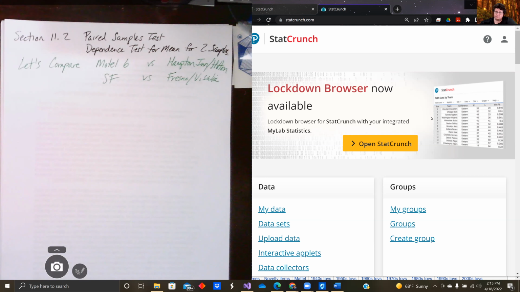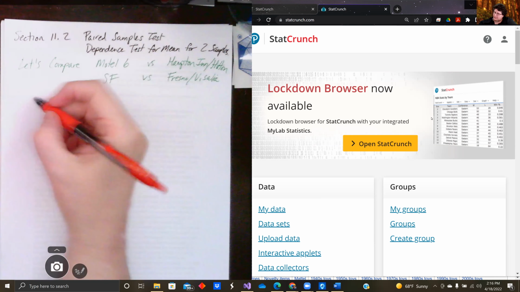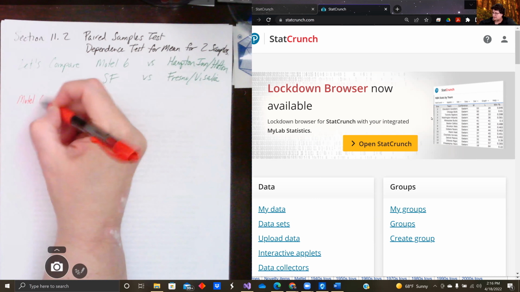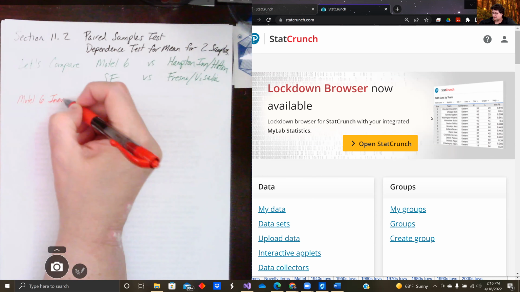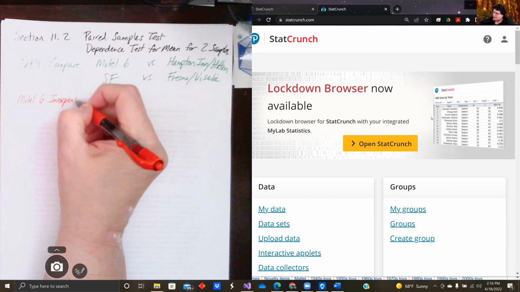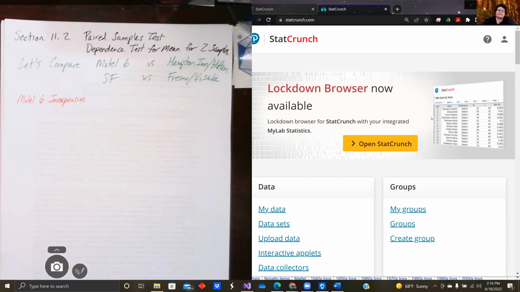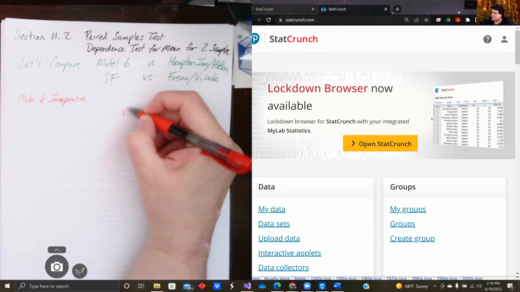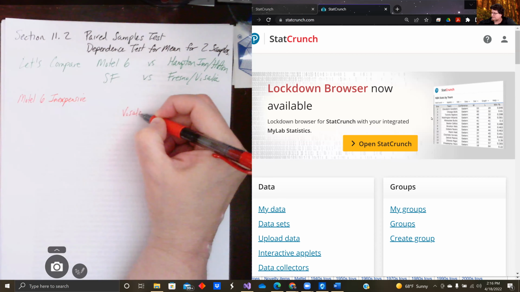Motel 6 is an inexpensive place to stay. Well, it's all relative, but it is one of the least costly places to stay when you're on vacation. And Visalia, compared to San Francisco, is going to be less expensive also.